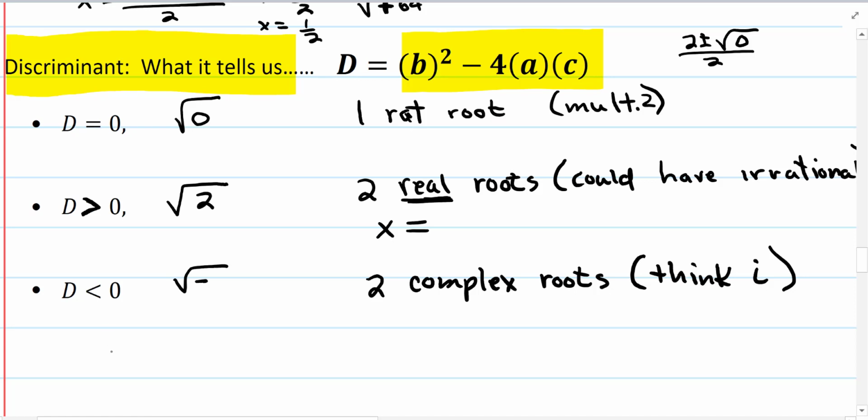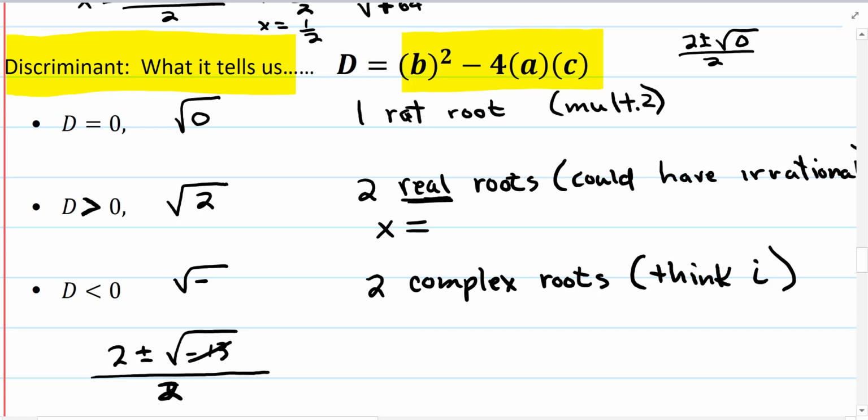So let's say we ended up with 2 plus or minus the square root of negative 13 all over, I'll just leave that 2. Well, I mean negative 13. I'm going to have to pull the i out. Sorry about that. Negative 13.